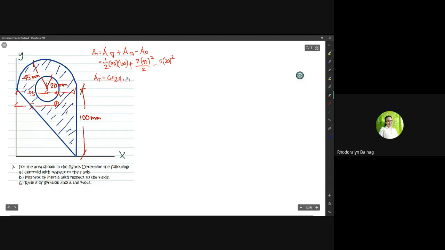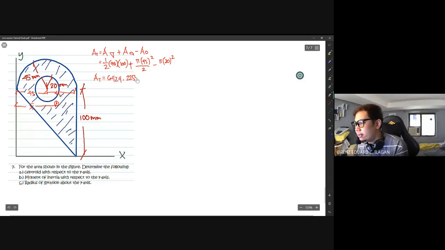This is in mm squared. Alright, so since meron na tayong total area, mahanap na natin yung value ng x bar.